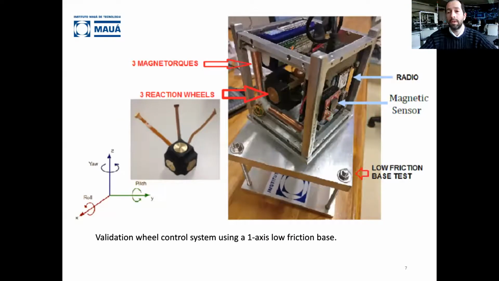Well, this is a work that we did together with three students of Saint Etienne, a university in France. This is an assembly where we can see three magnetic torquers for three axes and three small reaction wheels, okay, to make attitude control of this CubeSat.